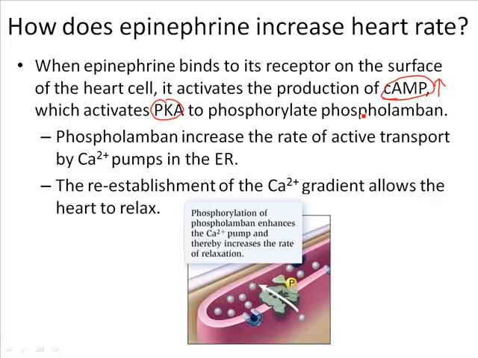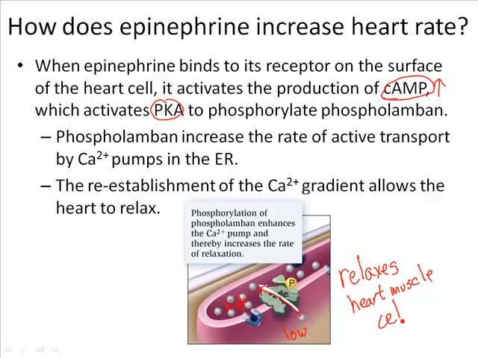PKA phosphorylates a protein, don't worry about the name of it, called phospholamban. Phospholamban actually increases the rate of active transport to clear the cytosol of calcium, to put all those calcium ions in high concentration, to return the cytosol back to low concentration. And it's this recreation of the gradient that relaxes the heart muscle cells.